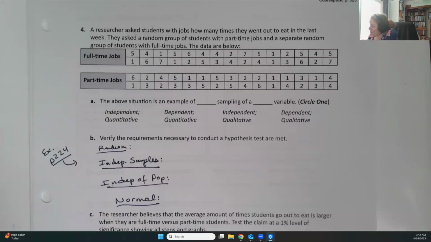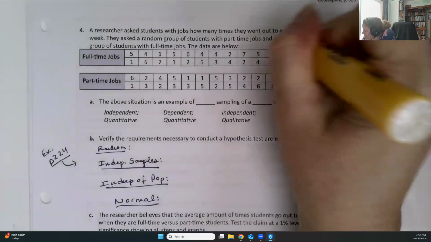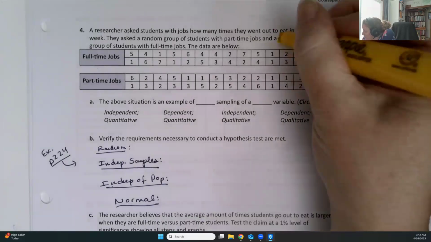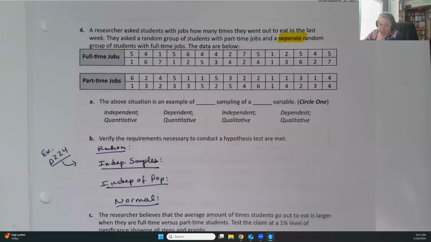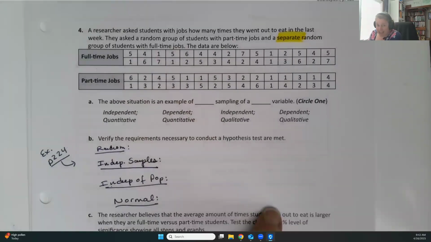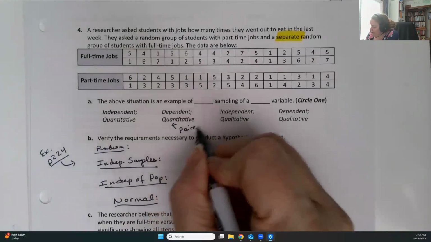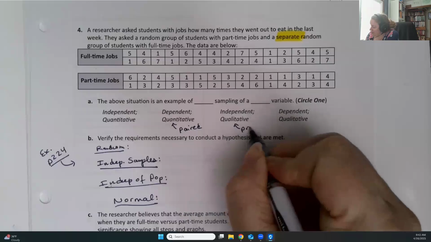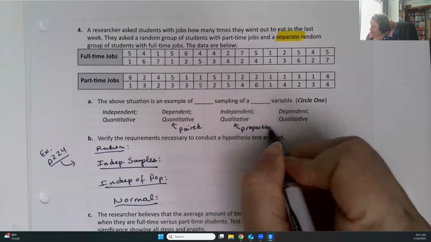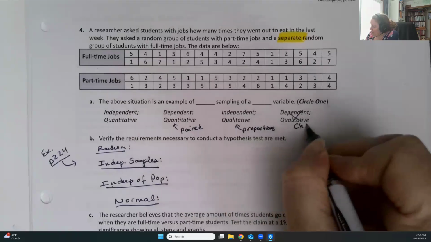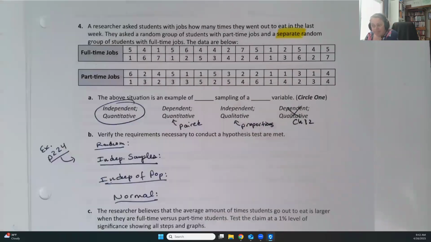It actually says the word separate right here. They are not one group measured twice. I mean, you could spot if they were, because if they were, there would be a difference row waiting for you to fill it in because it'd be paired. Paired ones are the ones that are dependent. So if it's paired, it's this one. If it's proportions, it's this one. This one we don't do. That's actually chapter 12. It's this one.